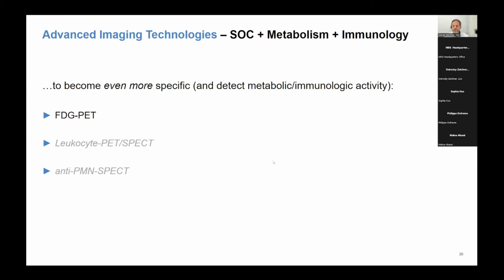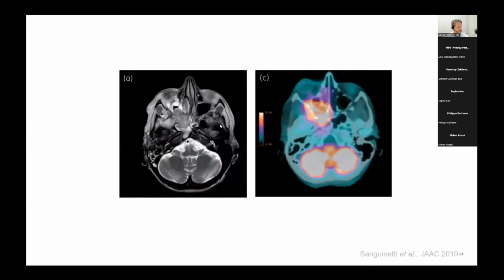But of course, there are also leukocyte or granulocyte techniques showing the infiltration in the fungal lesion. And of course, the PET is useful to detect metabolic activity. So if you have a lesion, for example, here in the orbita, and you perform the PET, you see there is metabolic activity, but this information for itself, I don't know whether the clinical significance is very high here.